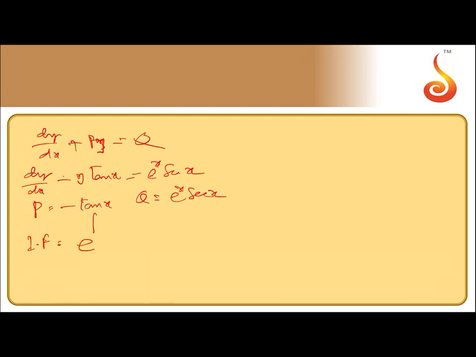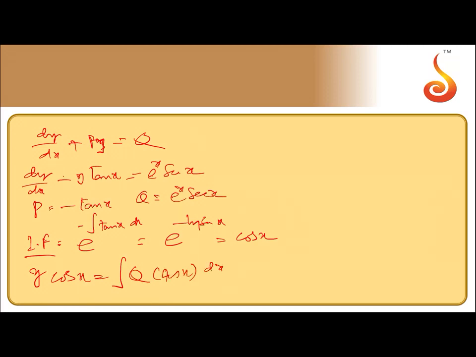So the integrating factor is e power integral of minus tan x dx, that equals e power minus log of secant x, and that is equal to cos x. The solution for this one is y into integrating factor equals integral of Q multiplied by integrating factor dx plus constant.